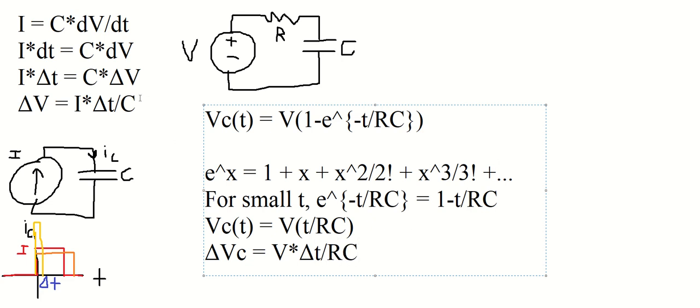Now this looks like what we have up here, where we have the change in voltage across the capacitor equals just some constant. Here it was I over C for whatever I we choose. Here it's V over RC for whatever voltage and resistor we choose, times the change in time. So this is how we could use a voltage source to set an initial condition on a capacitor.